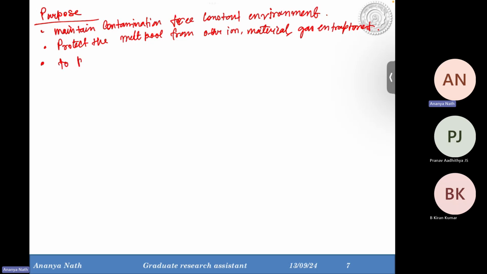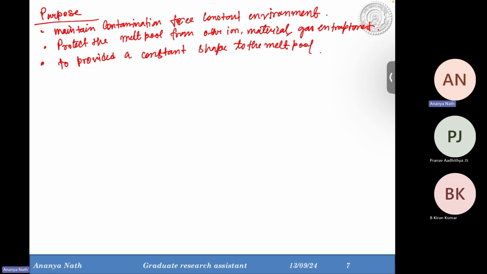Also, to provide a constant shape of the melt pool.